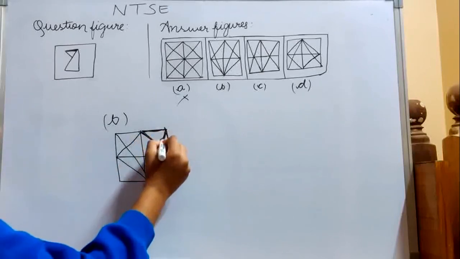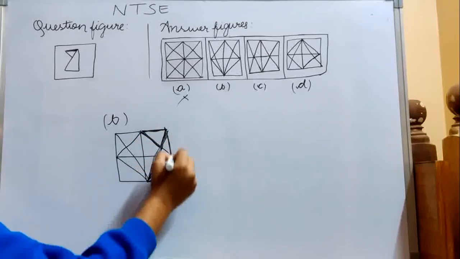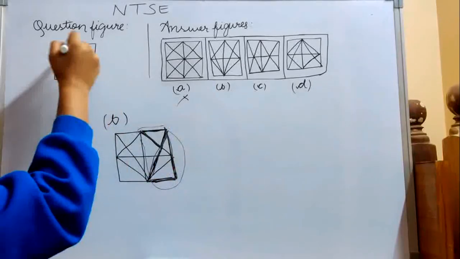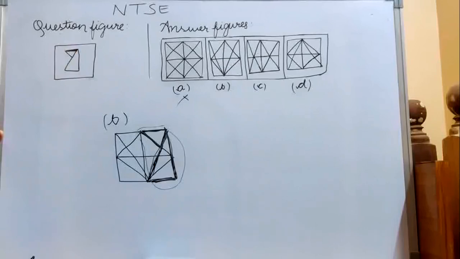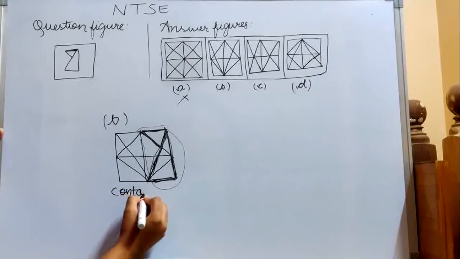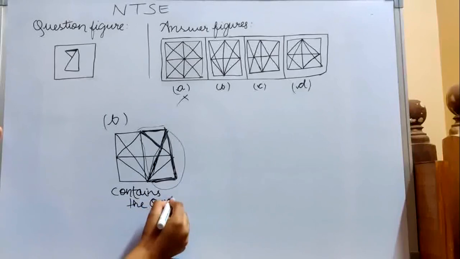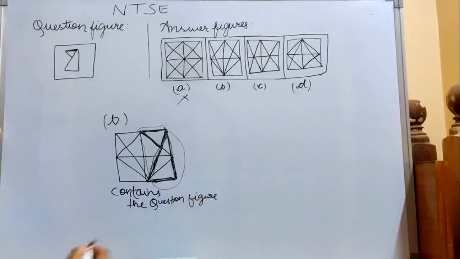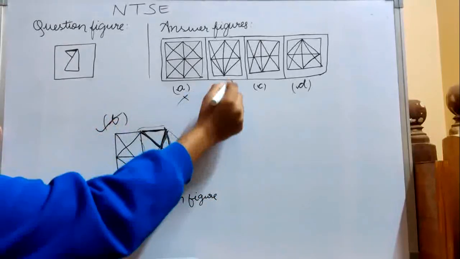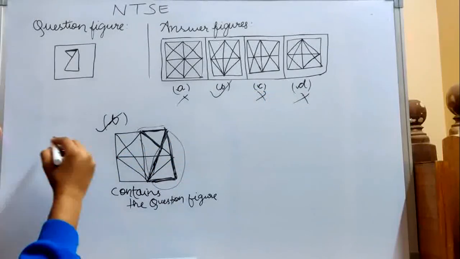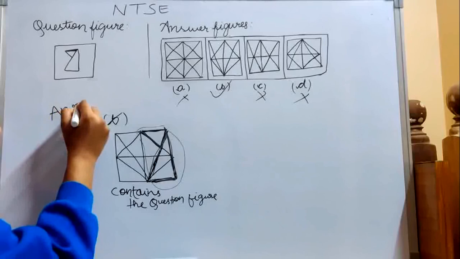You have the smaller triangle and the larger triangle. If you compare it with the question figure, you will realize that this is the question figure. So it is easily noticed that this question figure is embedded inside this option B. So we can say option B contains the question figure. Therefore option B is the right answer. When option B is right, obviously option C and D are wrong. That's how it is, because we only have one correct answer for these options.